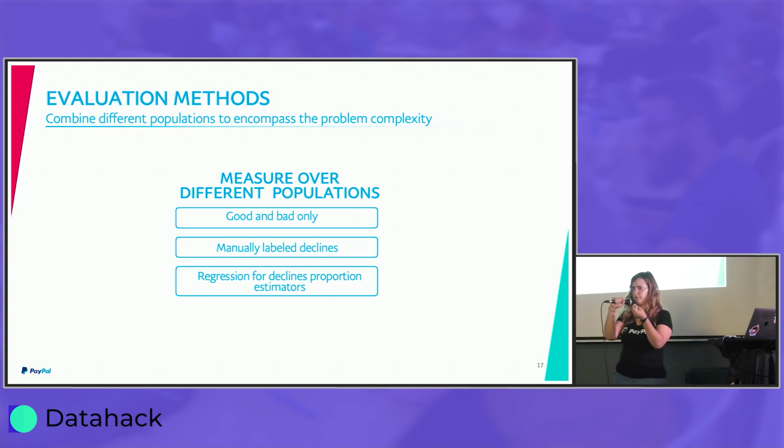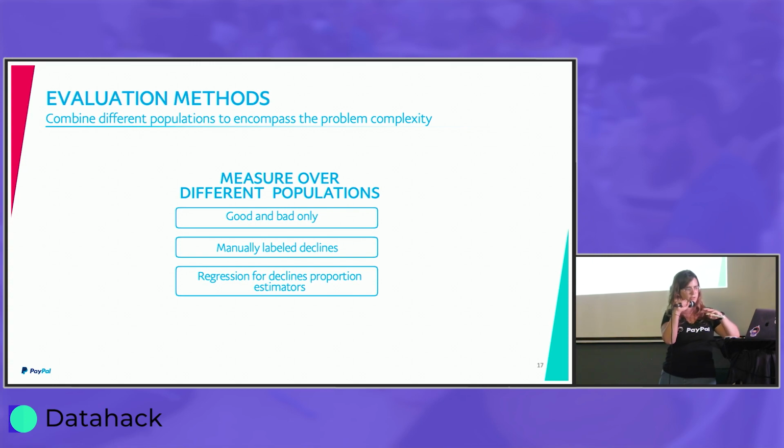This way we get very accurate metrics because we know that each case was manually labeled. But obviously, it's over a very small sample, and it can get overfitted to that small sample.